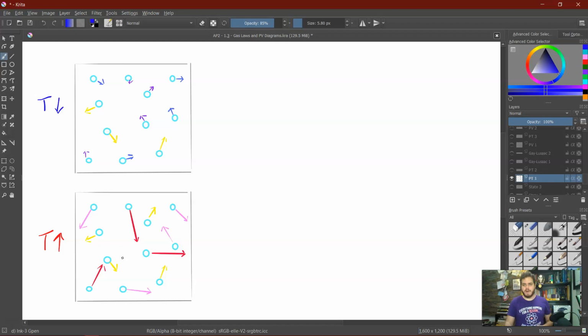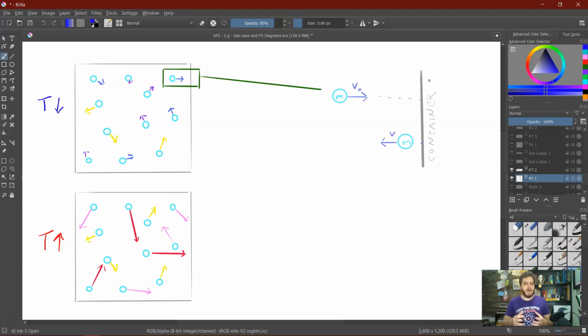Well, if we look at the top box, the cold one, if we look at one of these molecules here, when it strikes the wall, keep in mind these are always going to undergo elastic collisions with no loss of energy. So therefore, the kinetic energy of these particles is going to be conserved when they impact the walls of the container. So if I look here, I have my molecule.